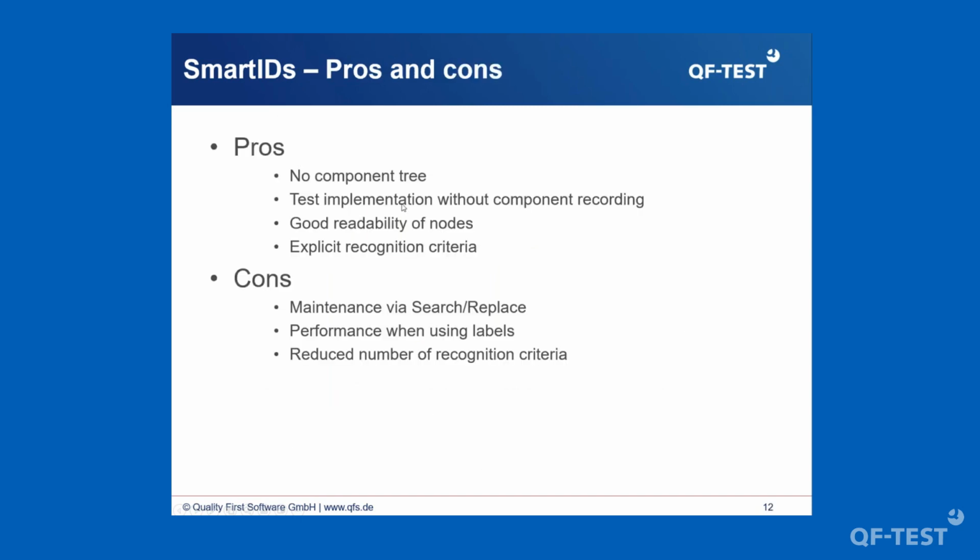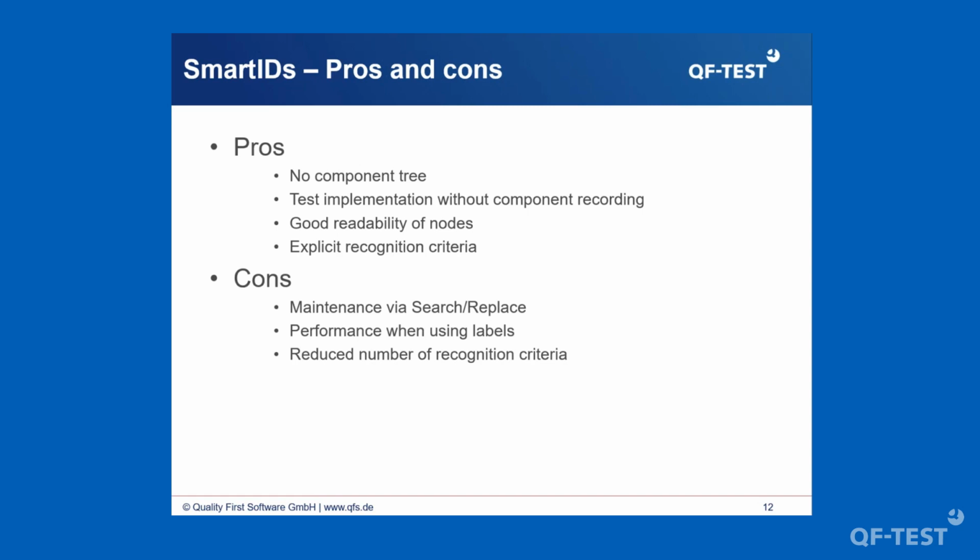Right, again, pros and cons. No component tree at all when you're using SmartIDs, but you can combine them with component nodes. So the tests can use SmartIDs, and they can also use component nodes.